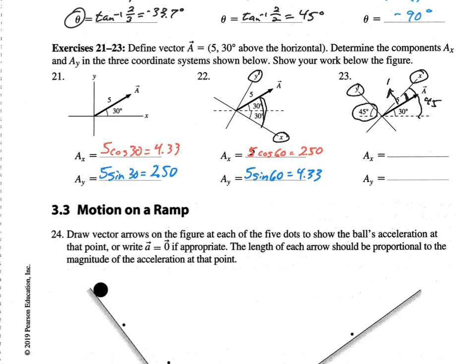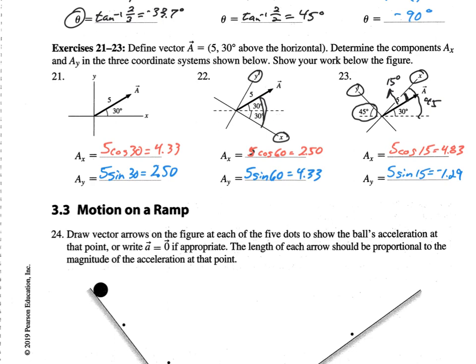This angle here is a 15-degree angle. So I have to find my x, which is going to be 5 times the cosine of 15. That's going to be 4.83. And my y is going to be 5 times the sine of 15. And that's going to give me a negative 1.29.